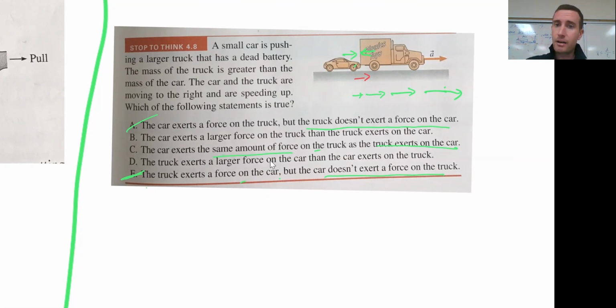The extra force is the road exerting a force on the car's tires that allows it to accelerate forwards. But the car versus the truck is every force has an equal and opposite. They are contacting each other. The contact is consistent. So we have an equal and opposite force. That would be C. The car exerts the same amount of force on the truck as the truck exerts on the car.